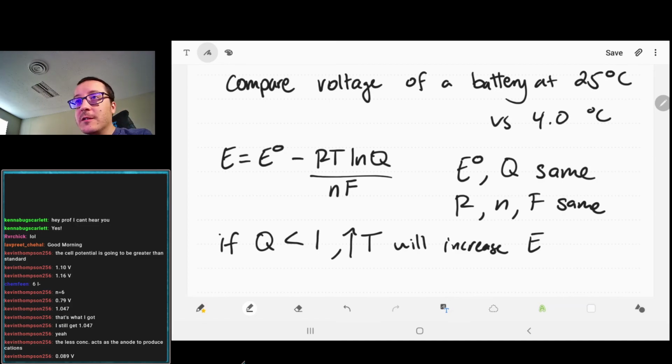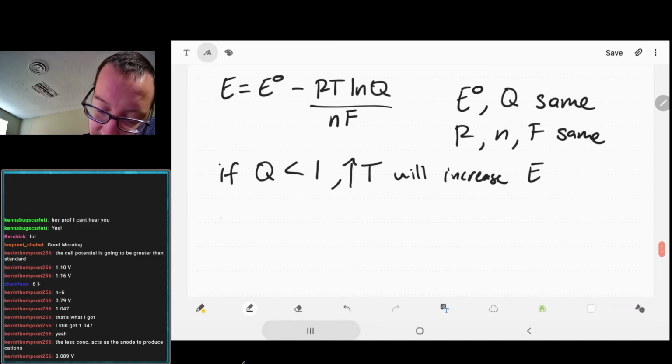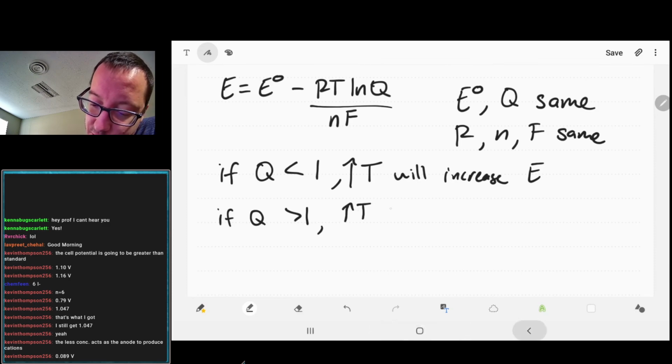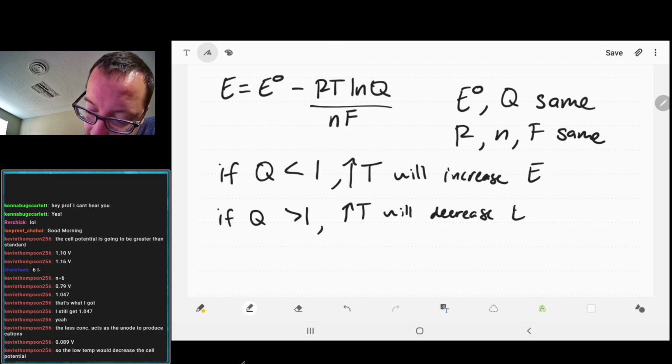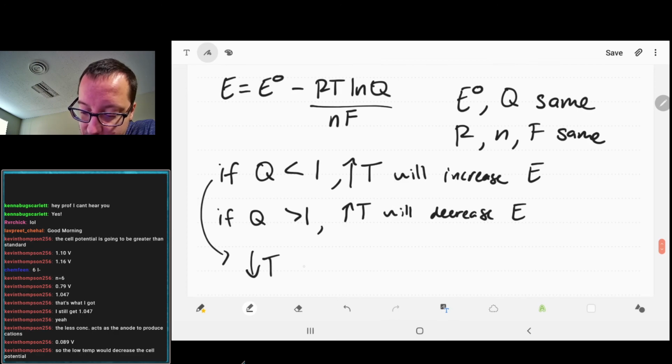But if Q is greater than 1, an increase in temperature will decrease E. So typically, that means that lowering temperature will decrease your potential.